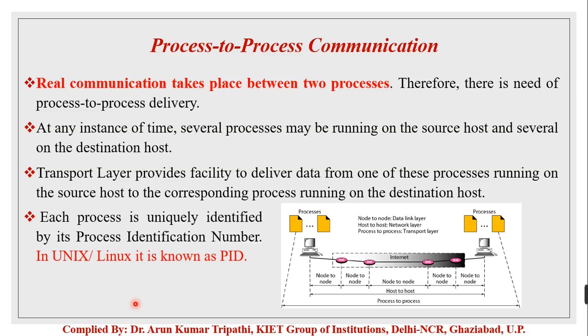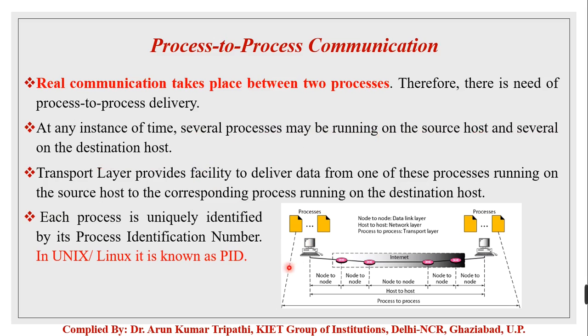First one is the process-to-process communication. In real, communication takes place between two processes. Therefore, there is need of process-to-process delivery. At any instance of time, several processes may be running on the source host and the destination host.